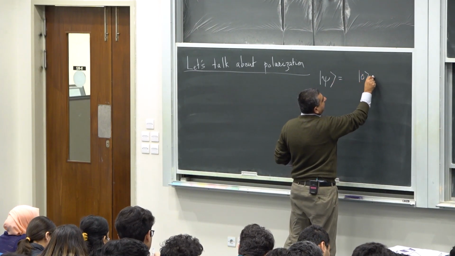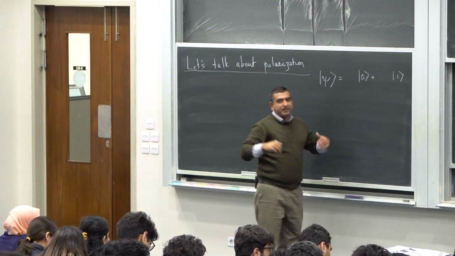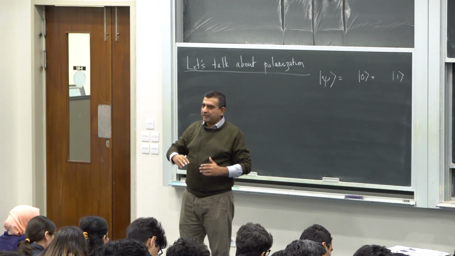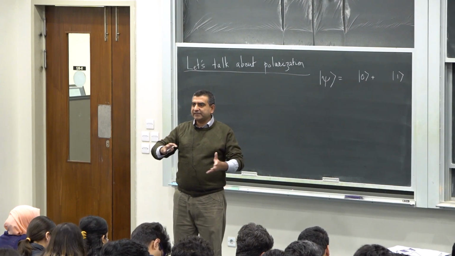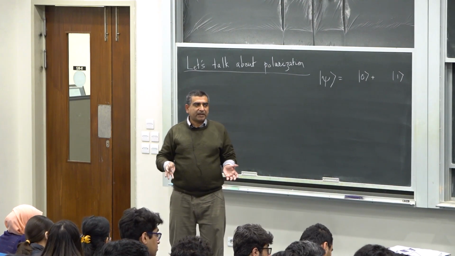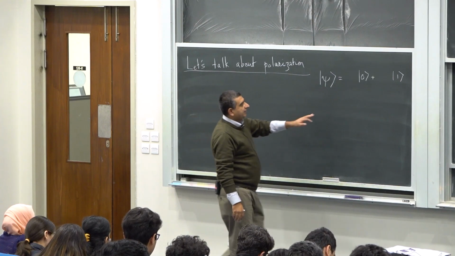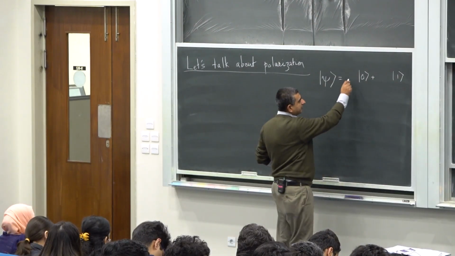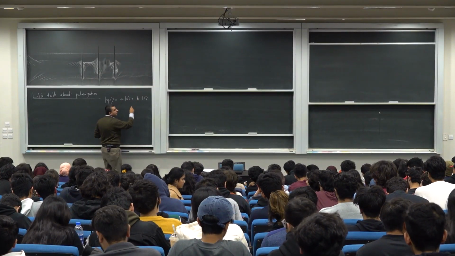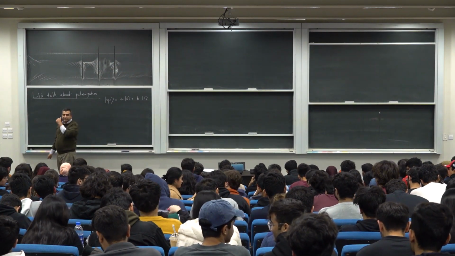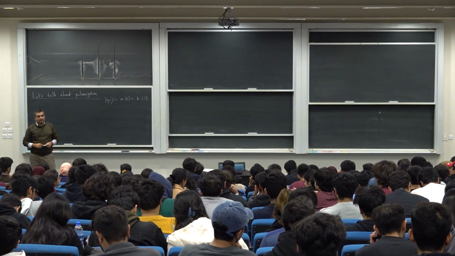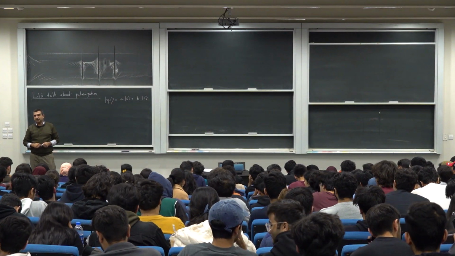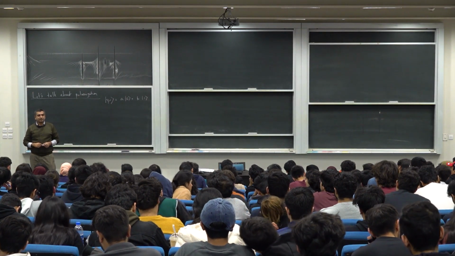Any quantum state, any ket that lives inside that quantum space, can be expressed in terms of these two components with some coefficients A and B. What are the constraints on these coefficients? The modulus squares sum to 1, and each one of them can be a complex number.